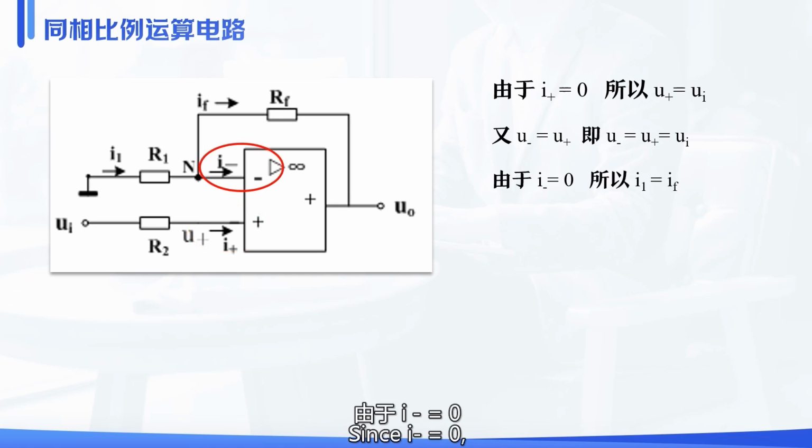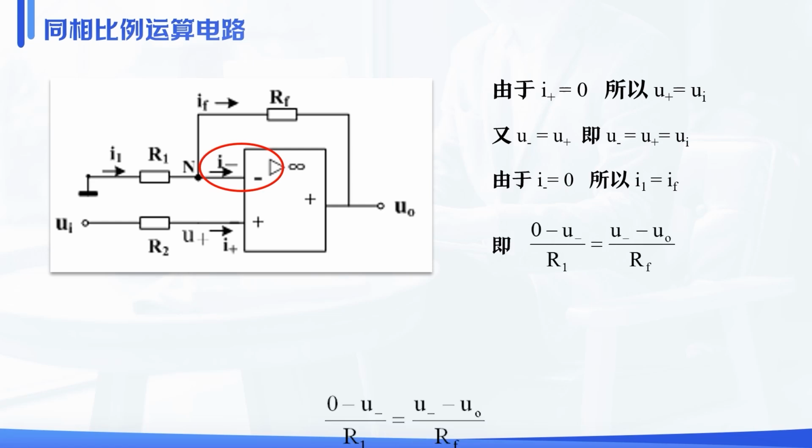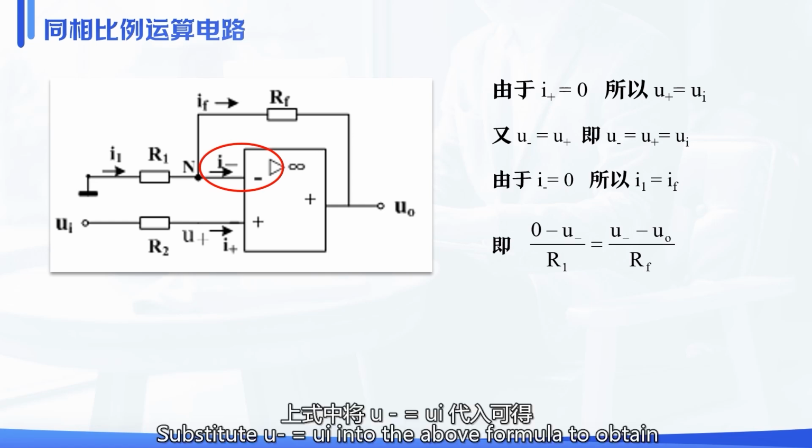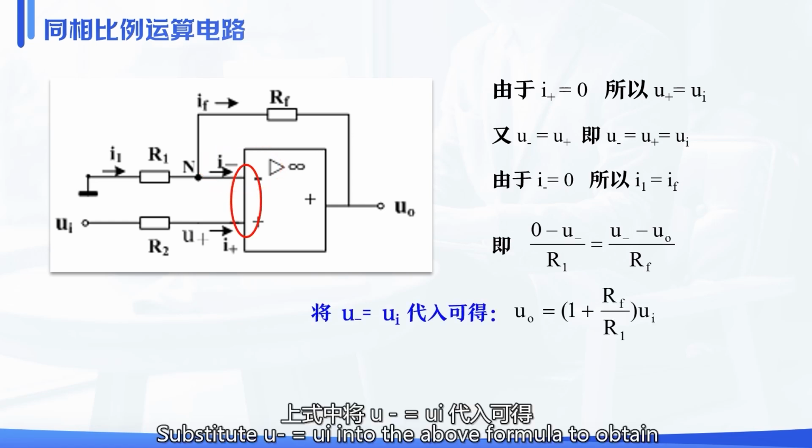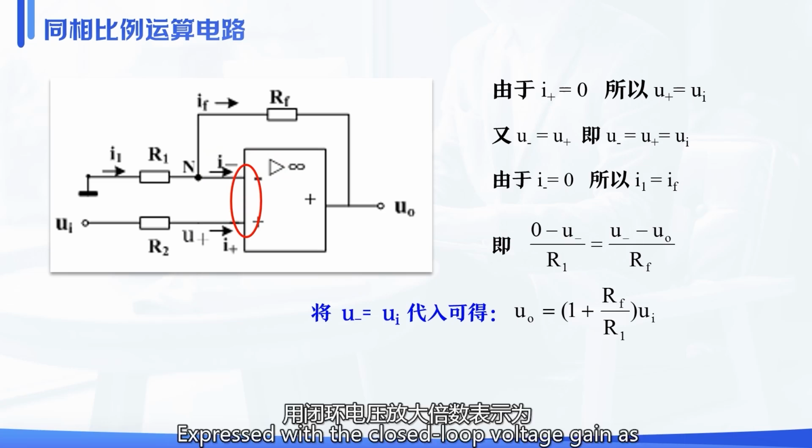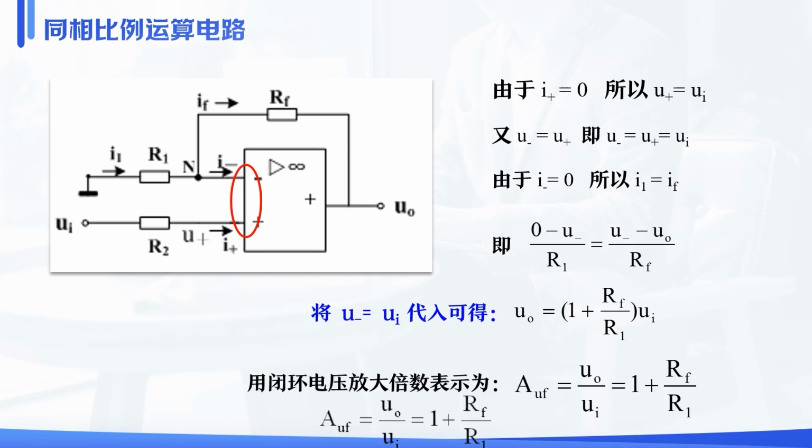Since I minus is equal to 0, I1 is equal to IF. That is, this formula. Substitute U minus equal to UI into the above formula to obtain the closed-loop voltage gain, expressed as this formula.